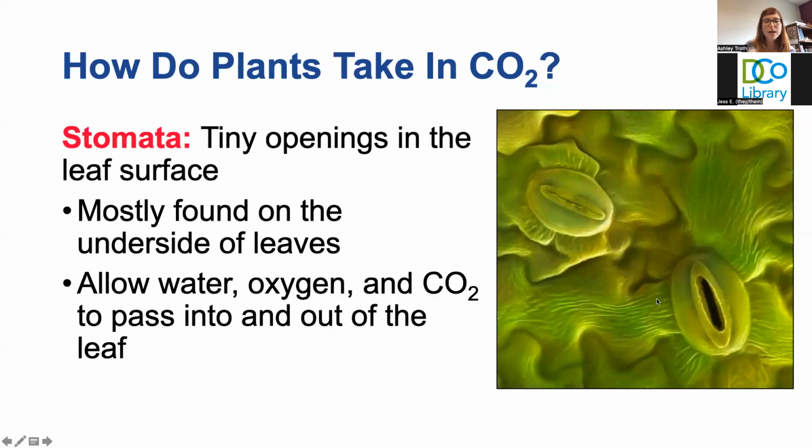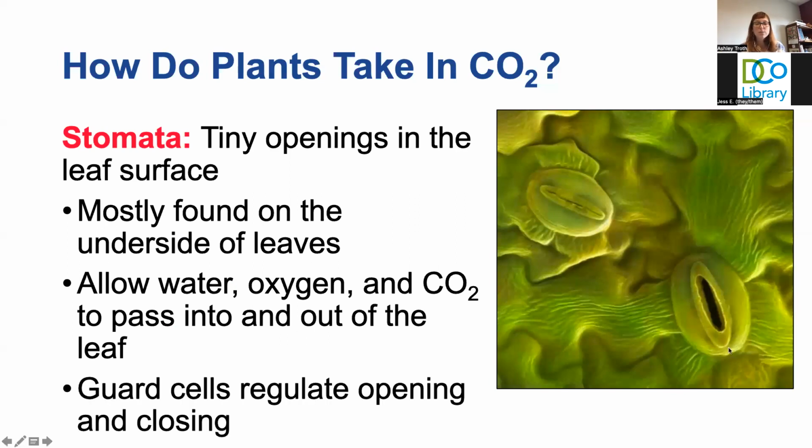And so what the stomata do is they allow water, oxygen, and carbon dioxide to pass into and out of the leaf, right? So the cool thing about these stomata, though, is that they can open and close. So these guard cells, this is actually a pair of cells, they literally open up, and when they open up, carbon dioxide can flow in, water can flow in and out. And when they close up, the reason they do that is because then they don't lose water, right?